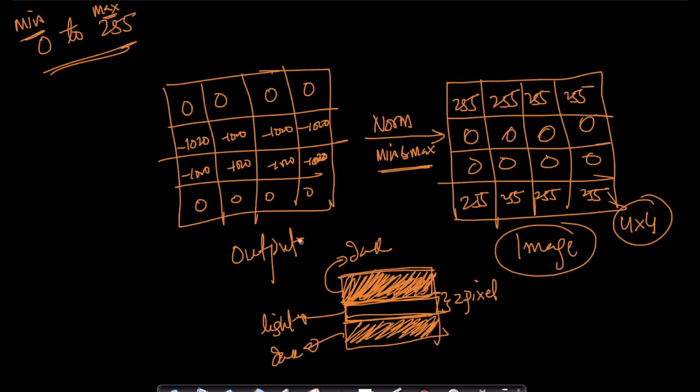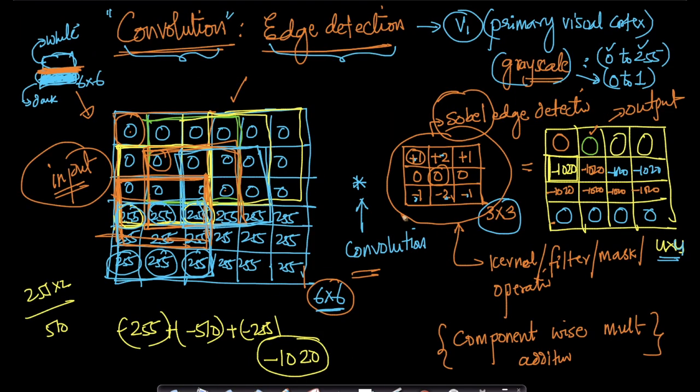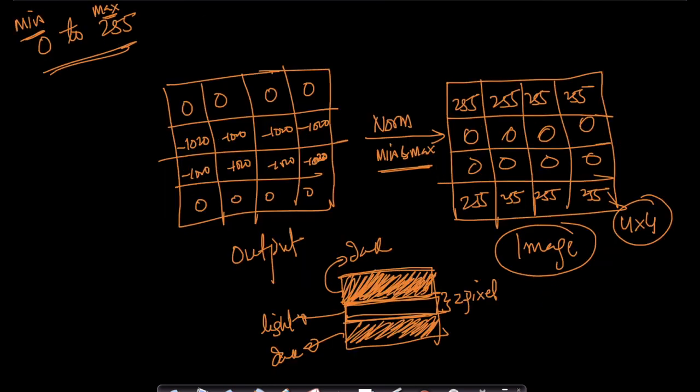Imagine I have a 6 by 6 image like this, where this whole region is light, and this whole region is dark. So here you have a vertical edge, right? Your Sobel horizontal edge detector cannot detect this. It is a horizontal edge detector. It can't detect a vertical edge.